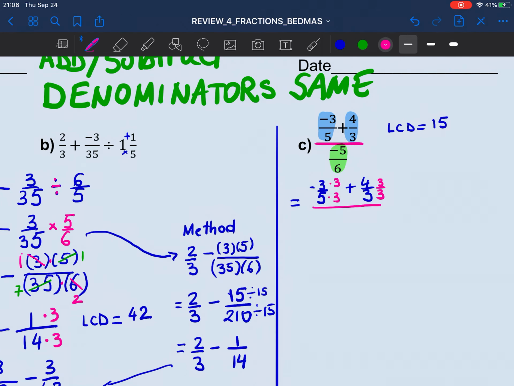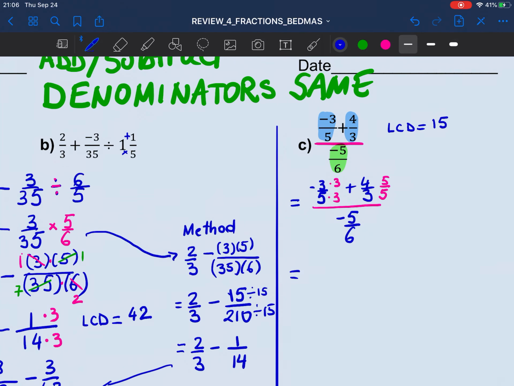Sorry, where are we? 5 over 5, goodness. What a great teacher I am, huh? Okay, sorry about that. So the next one is the denominator, negative 5 over 6, but we don't have to do anything about it because it's in the denominator of the big fraction.